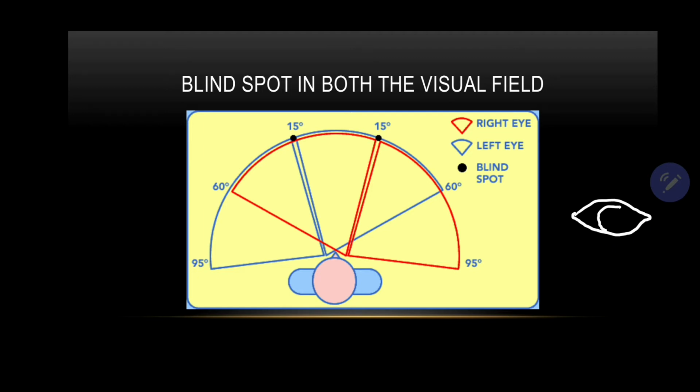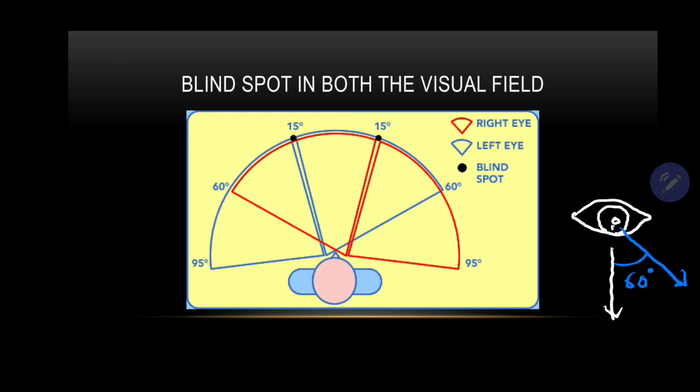You're seeing the eye from the front. So when you're seeing from the front, your visual axis is this. When you're focusing at a distant object, your field of view on the medial side reaches around this much, which is around 60 degrees. Your medial field of view is limited to around 60 degrees.